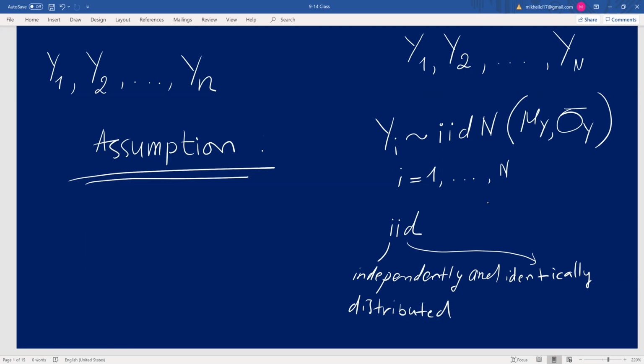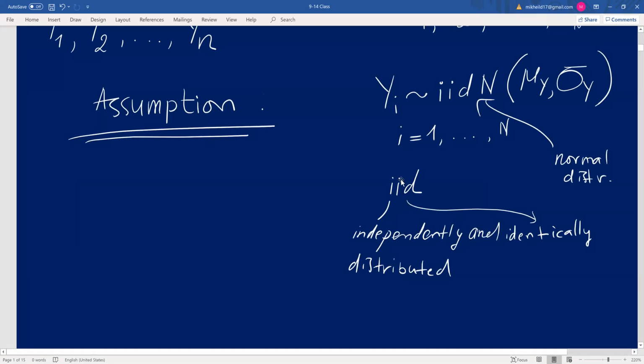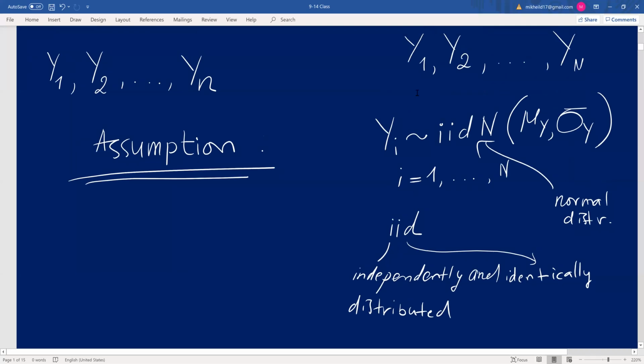And the kind of distribution is indicated by this n, which is normal distribution. So this y1, y2, and so on, yn, those are independent of each other and also identical.